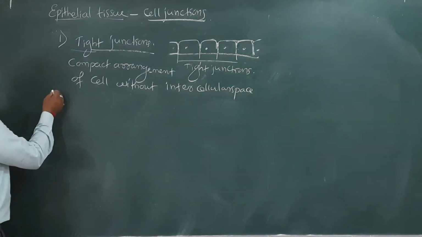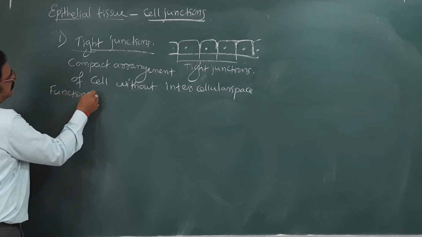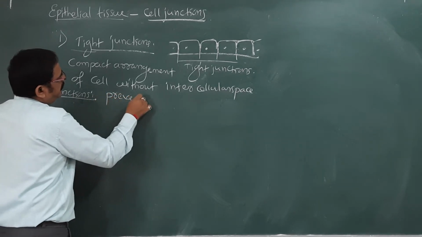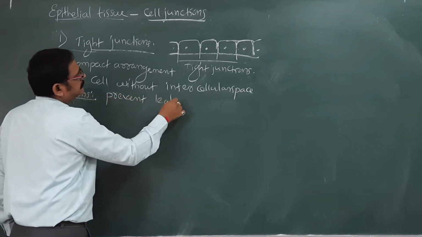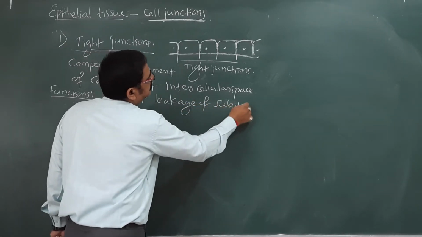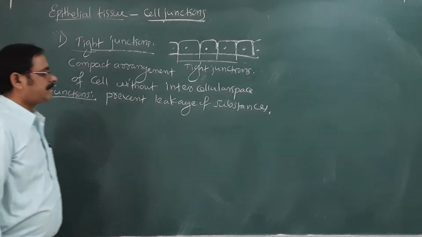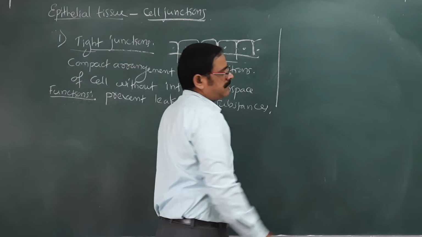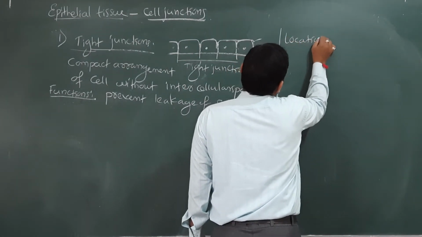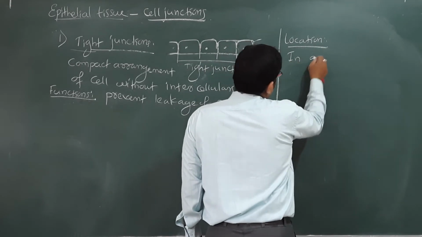What is the role? The functions of these tight junctions include preventing leakage of substances. Leakage of substances they are preventing. So where are they seen? Basically they are observable in the gut system.